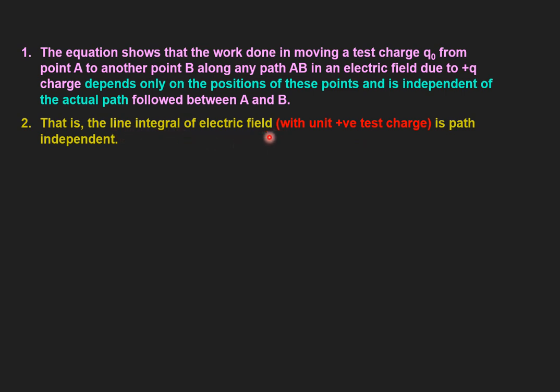So what conclusion can we draw from this? First point, the line integral of electric field, when the test charge is taken as unit positive charge, is path independent. Third thing, whenever the work done by any field or force is path independent, that force or field is known as a conservative field or force. Since in our case the field is the electric field, we will call the electric field a conservative field.